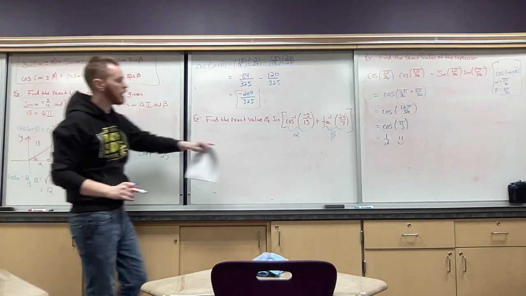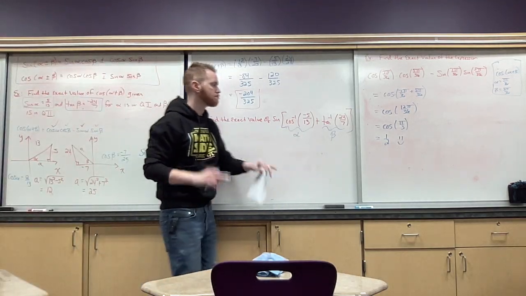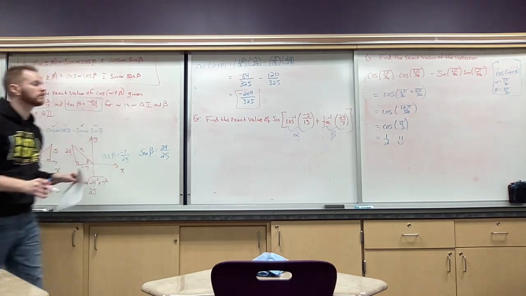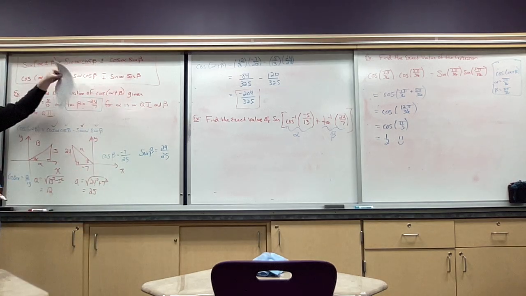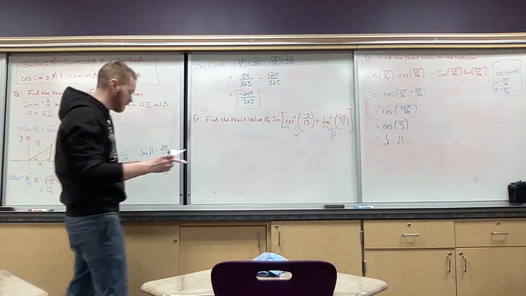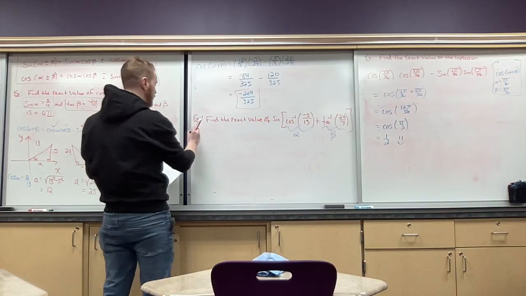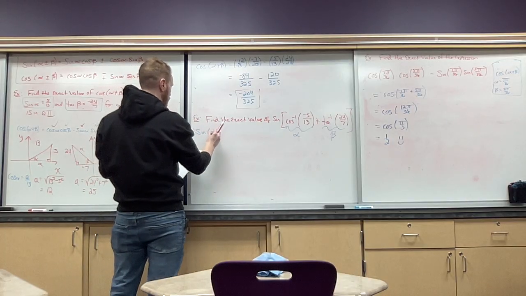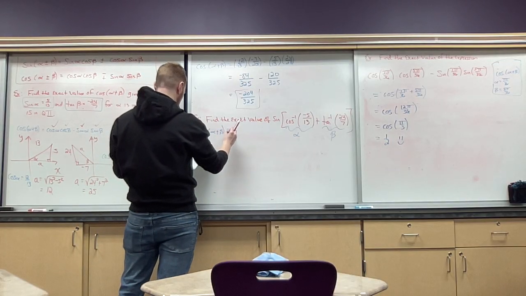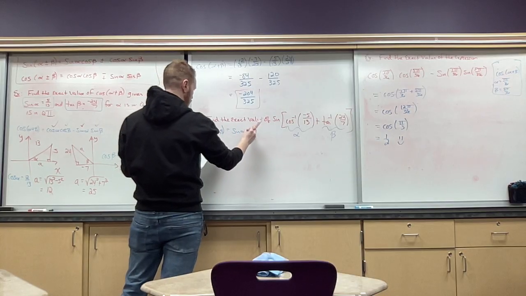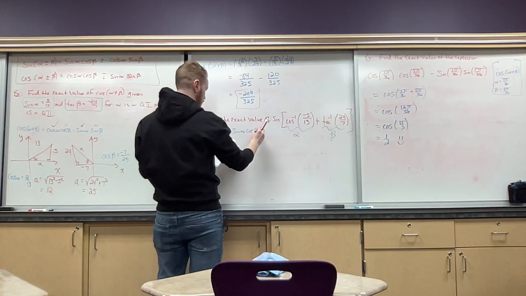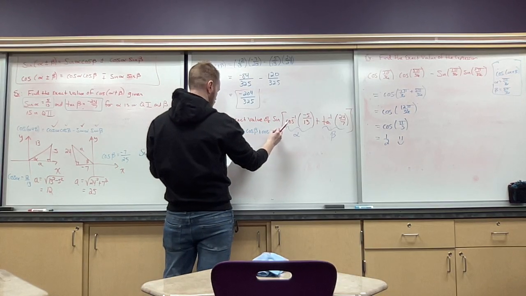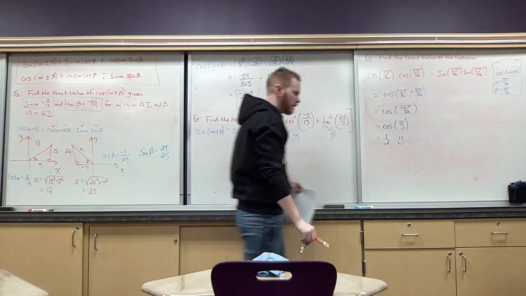So I'm going to let this whole thing be alpha, let that be beta, find out what they are in terms of what I need for this formula, and then simplify. So let me write down the formula we're going to use. Okay, we're going to use that formula there.